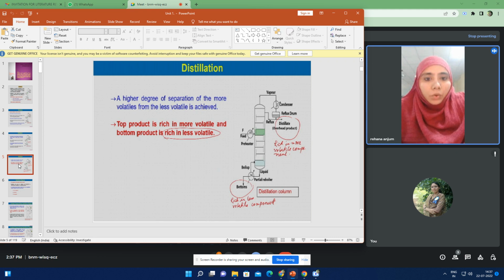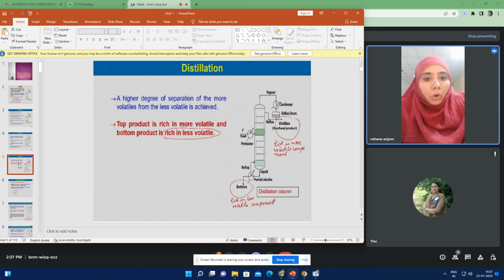And the vapor which goes up will be increasing in the more volatile components. So a higher degree of separation of more volatile from less volatile components is reached in this way.